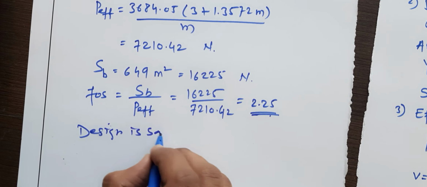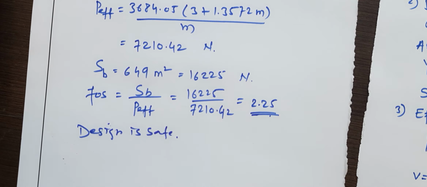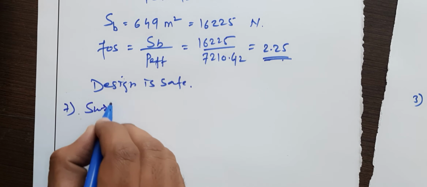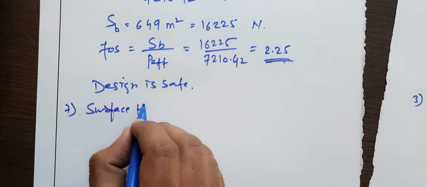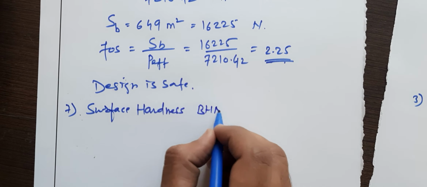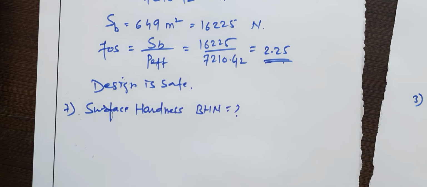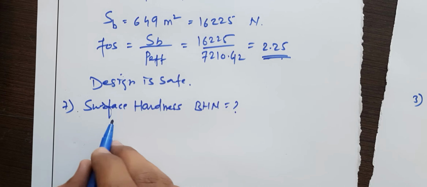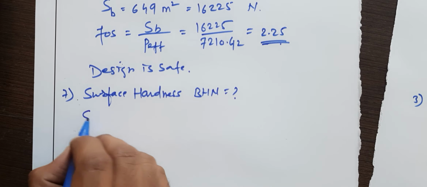Design is safe. Then after this we need to calculate BHN, so the next step is surface hardness, which is nothing but BHN. To calculate BHN, what you need is SW.